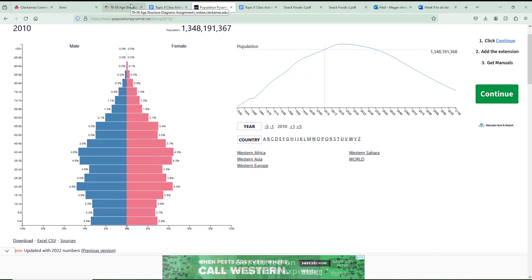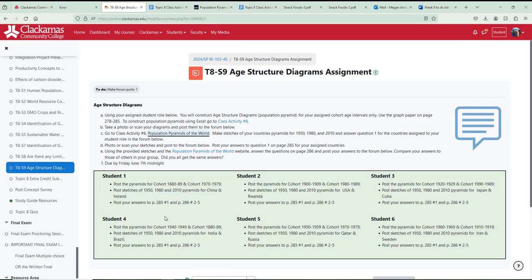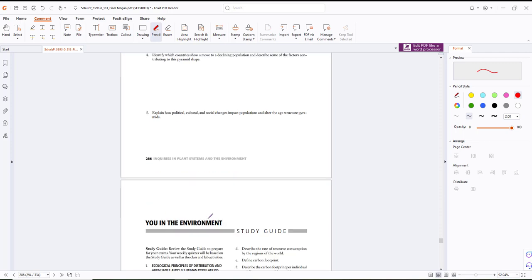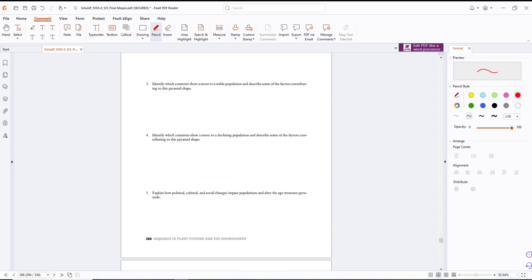So you'll do that for two of your assigned countries, and post that. Okay, and then finally you'll answer your assigned questions and post those answers. So you'll get a chance to not only look at our country over a century, but also look at different countries and what happened to them over basically 60 years.